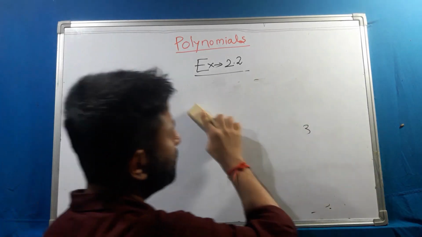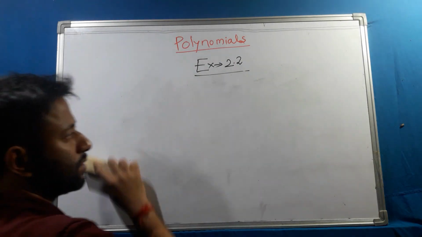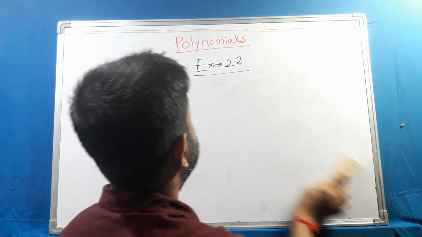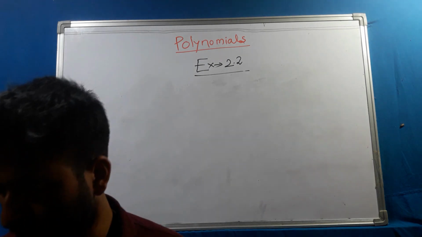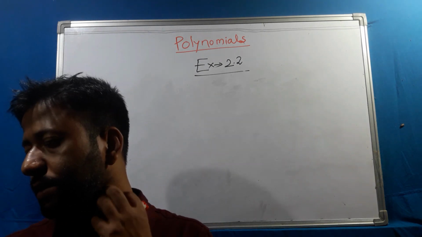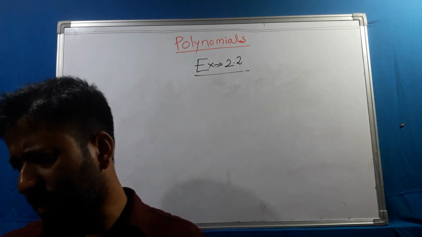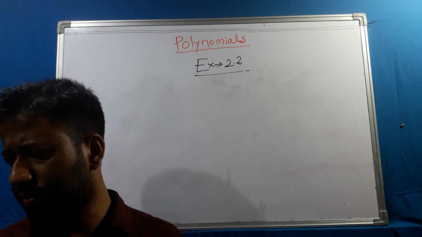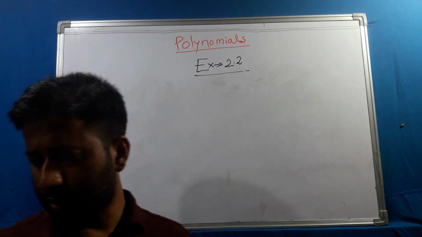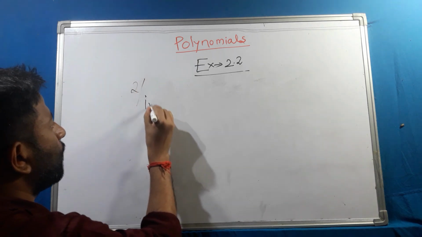These are very simple questions. Such questions never come in the exam, but still we have to clear our concept. In question 2, they are asking for p of 0, p of 1 and p of 2. They have given us a few expressions, and we have to find these values for the polynomials. Let's take question number 2 part 4.